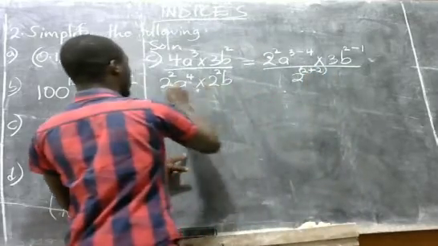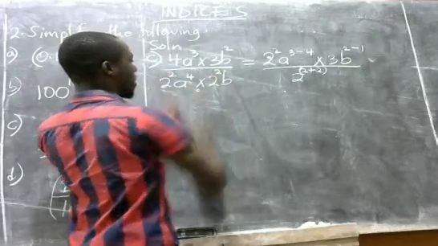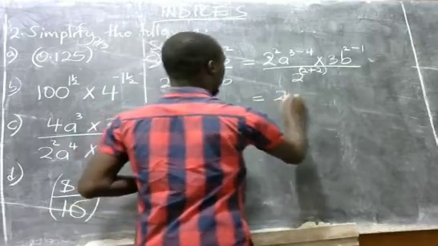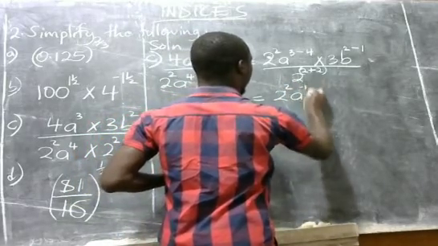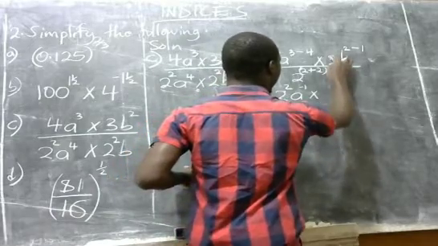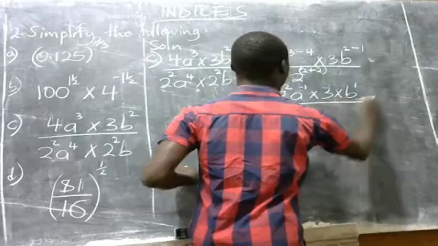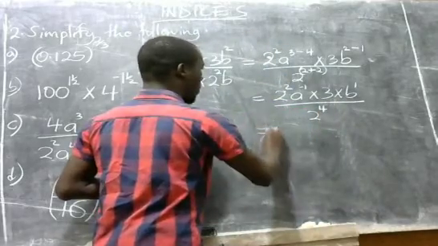We have these two, the bases here, so I'm adding their powers. So what I get here is 2 squared, then times A power negative 1, then times 3, then times B power 1, all over the 2 power 4 there.